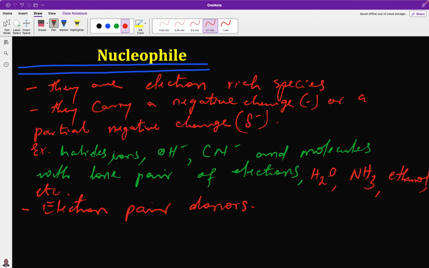When a nucleophile donates a pair of electrons, a new covalent bond forms, and the electron deficient species that the electrons are donated to is under attack.